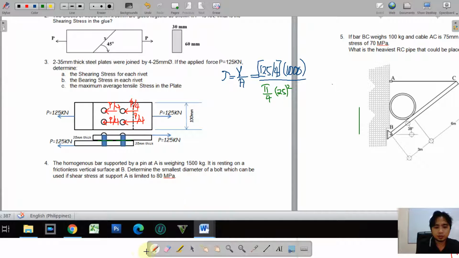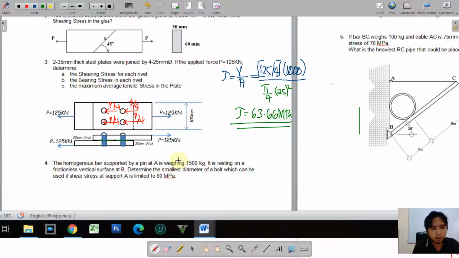So now we compute the shear stress on each of the rivets. So we have here tau is equal to 63.66 megapascals. So that's the shear stress at each of the rivets.